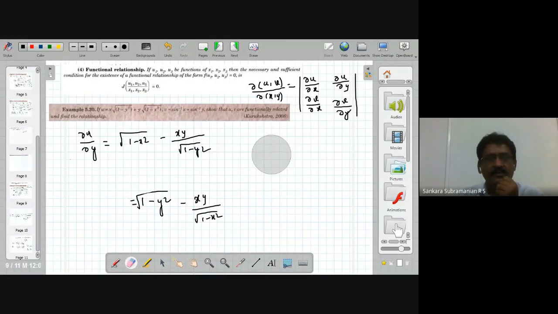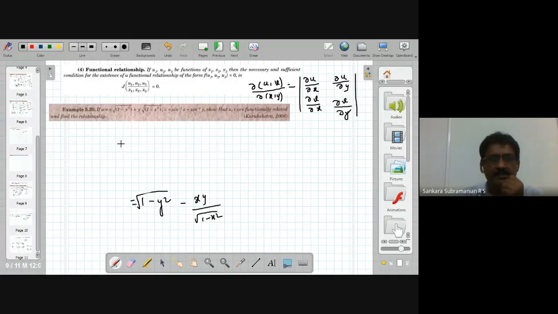Dou u by dou x. So this is square root of 1 minus y square minus xy by square root of 1 minus x square. This is one term actually. What is dou u by dou y?